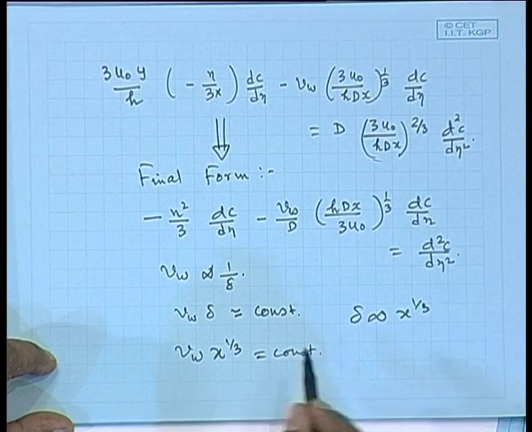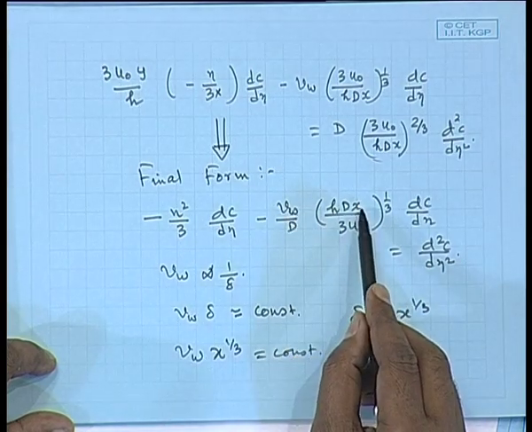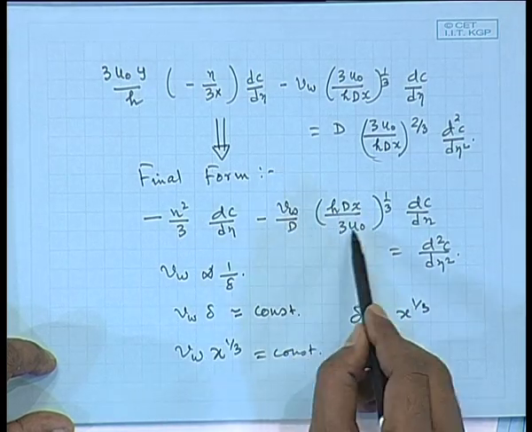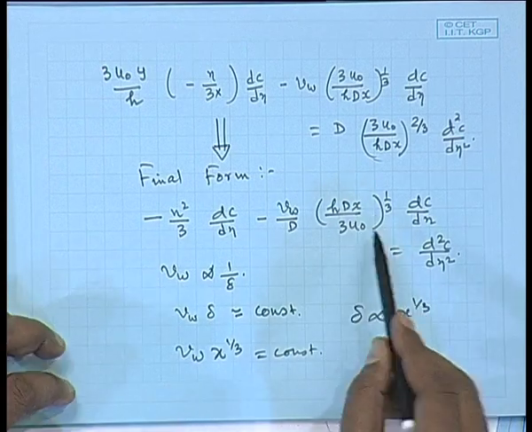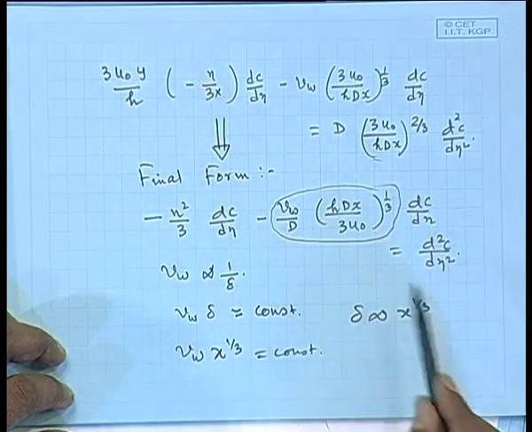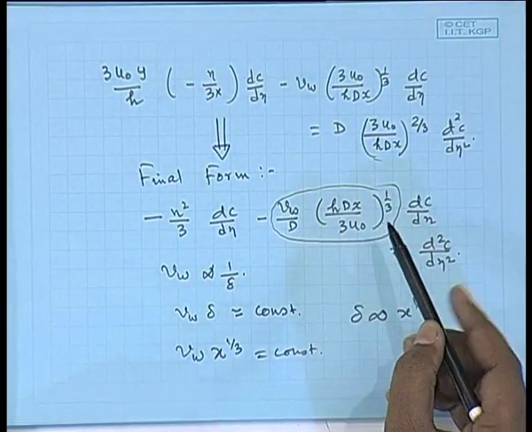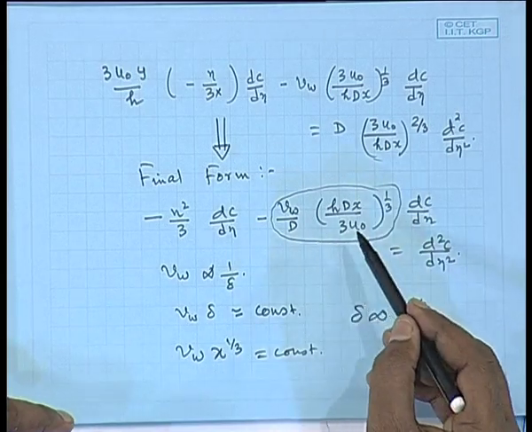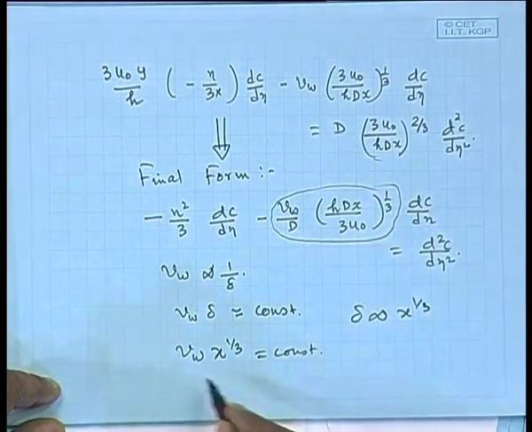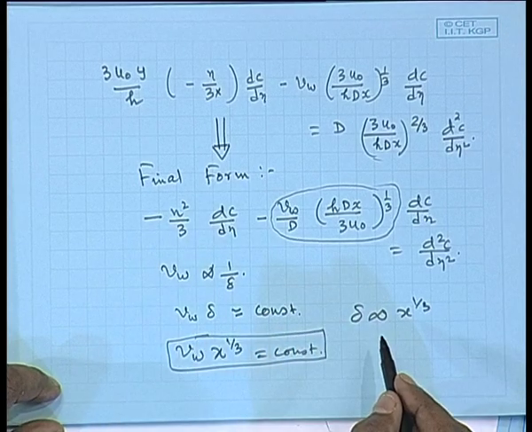That is correct. If that is correct, Vw x to the power 1 upon 3 is appearing here, and all these are basically some constants. Okay. And if you check the dimension of this whole thing, it becomes non-dimensional. So, it becomes a non-dimensional constant, because of the argument that Vw x to the power 1 upon 3 is a constant.